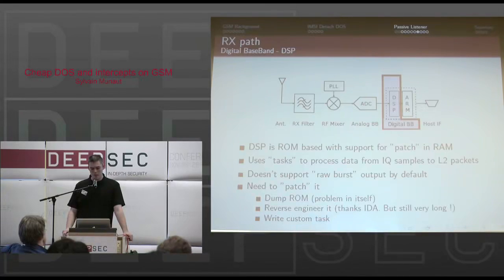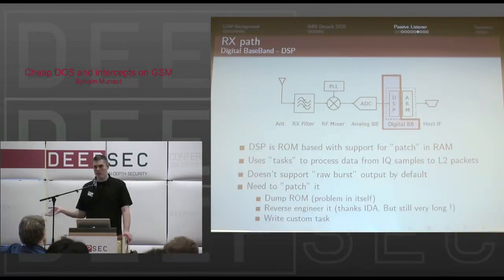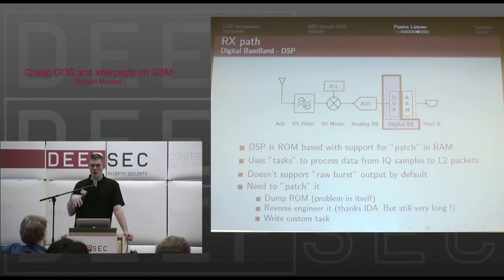Procedure is, well, simple, kinda. You just dump the ROM, which is in theory impossible. It's in theory copy protected, but you can work around that. And finally, you reverse engineer it, so you know how the ROM works.